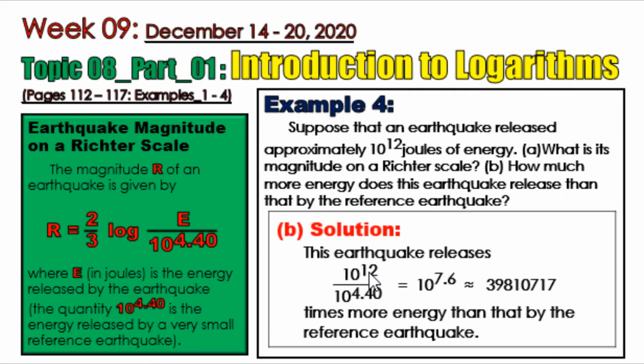For the solution, this earthquake releases 10 raised to 12 over 10 raised to 4.40, which is equal to 10 raised to 7.6, which is approximately 39,810,717 times more energy than that by the reference earthquake. So this is the answer for question B.